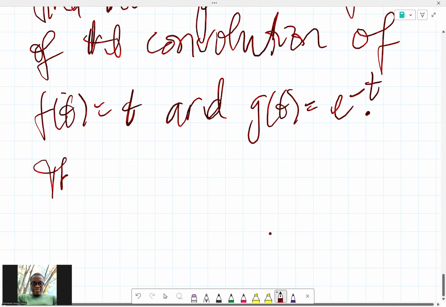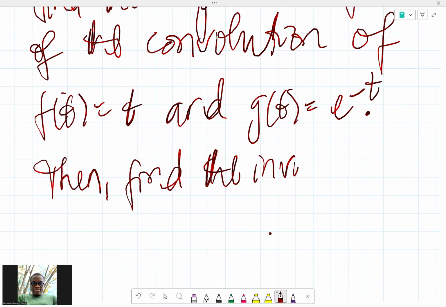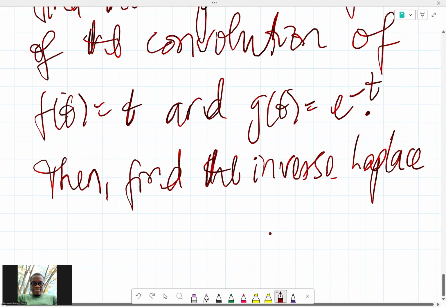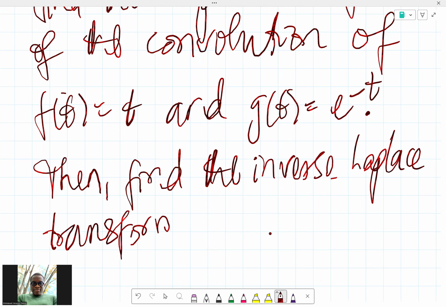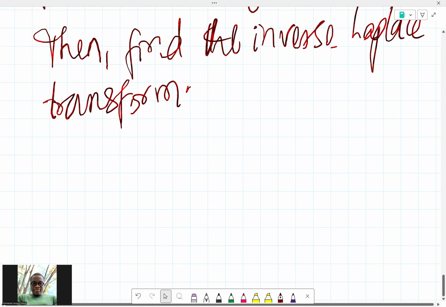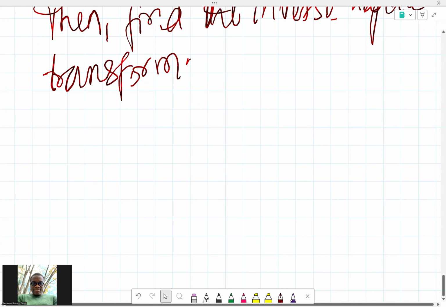Then find the inverse Laplace transform. So how do we take care of that? Solution now.